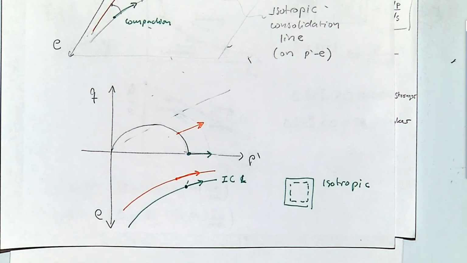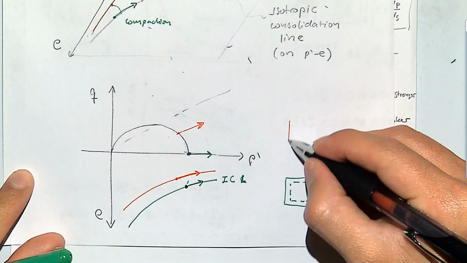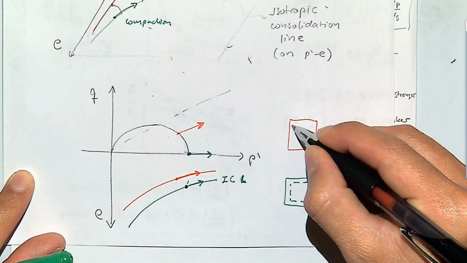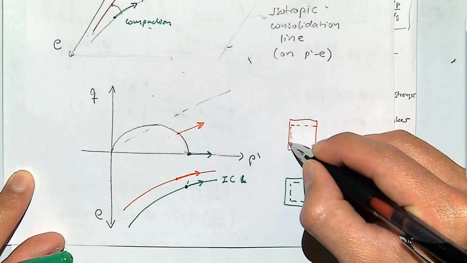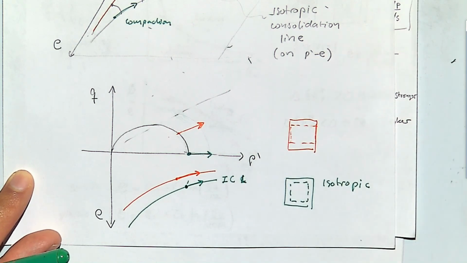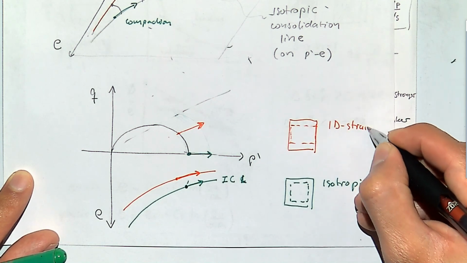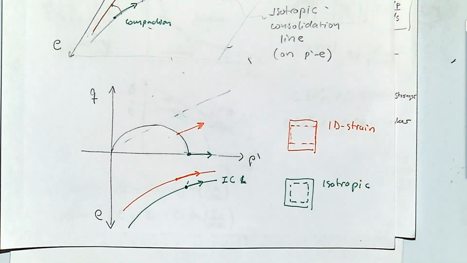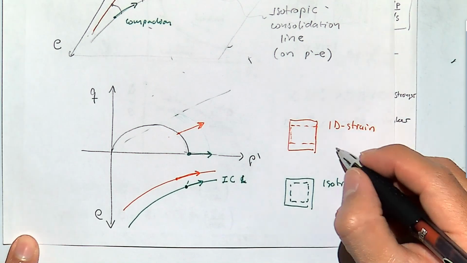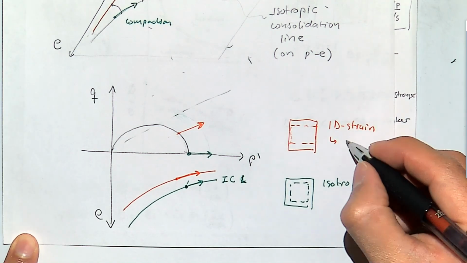And a 1D strain path just has strain in one direction. And in the other two, one of them that we cannot see, they are zero.